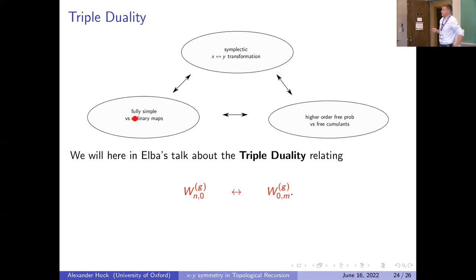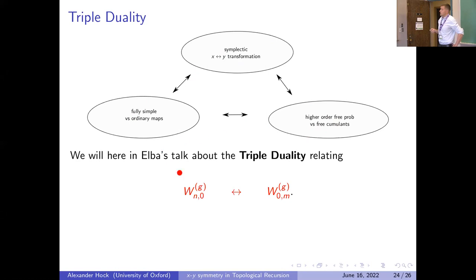And fully simple maps and ordinary maps are an example of topological recursion, where the duality between fully simple and ordinary maps is given by the same relation of just interchanging x and y. And from fully simple and ordinary maps, you can construct the relation to higher order free probability and to free cumulants, and they should satisfy the same functional relation, what they proved in their paper.